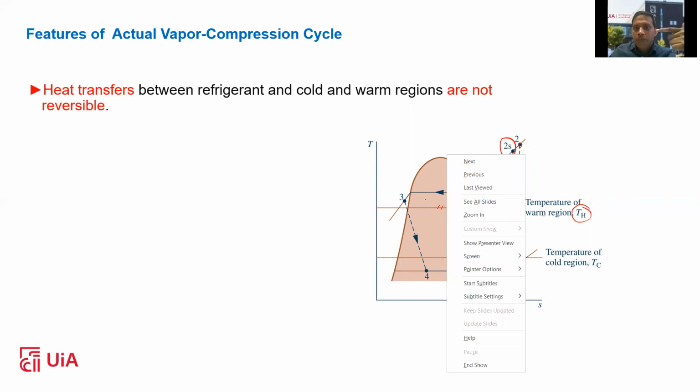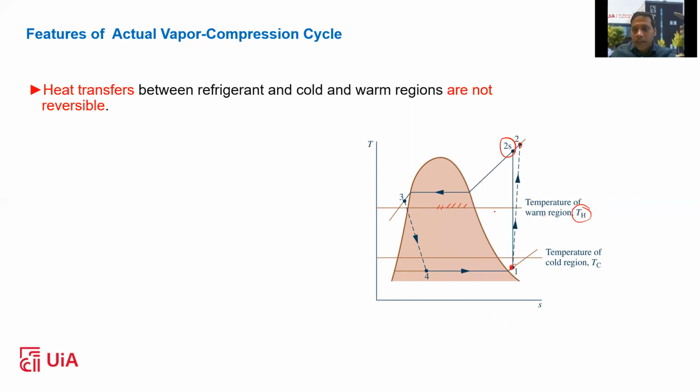For example, in the previous example for the pH diagram, I told you it was 40 degrees centigrade for the condensing temperature. But in here, let's say this is 40 degrees centigrade, but this is around 45 degrees centigrade. So in reality, due to the higher work of the compressor, it may reach 45 degrees centigrade. That's why I am talking about the actual vapor compression cycle, due to some losses in the compressor and some losses in the pipe.